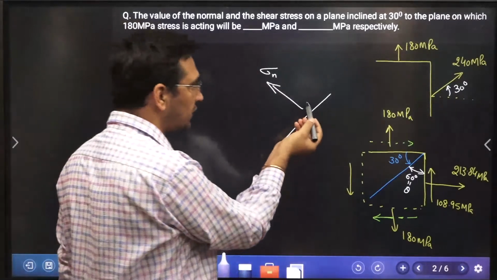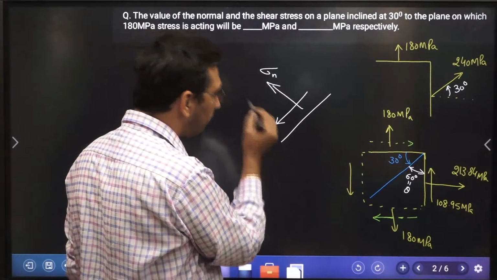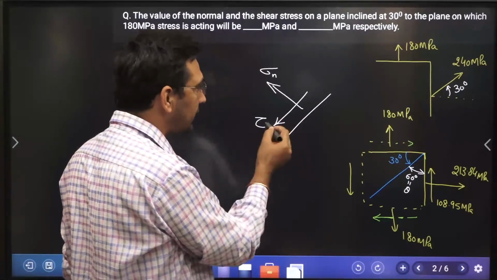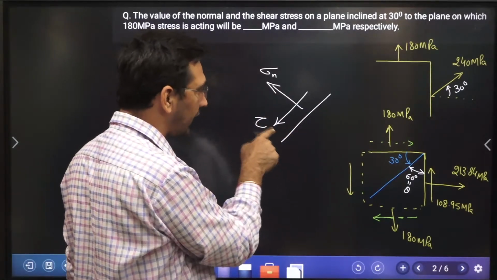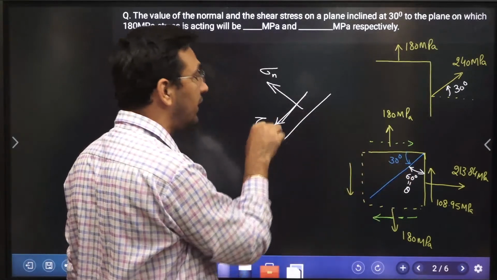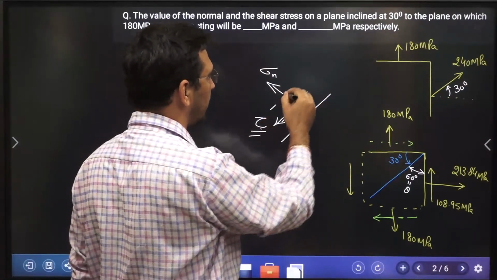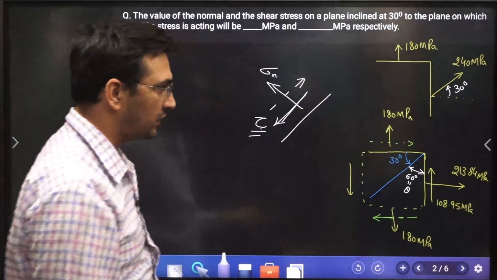Same way, for shear stress, I can take any particular direction. I can take this direction initially. If it turns out to be positive in the calculation, then I will say the shear stress on this particular plane will be in this direction. If it turns out to be negative, it means the direction will not be this, but the other direction. That is the meaning of this, right?